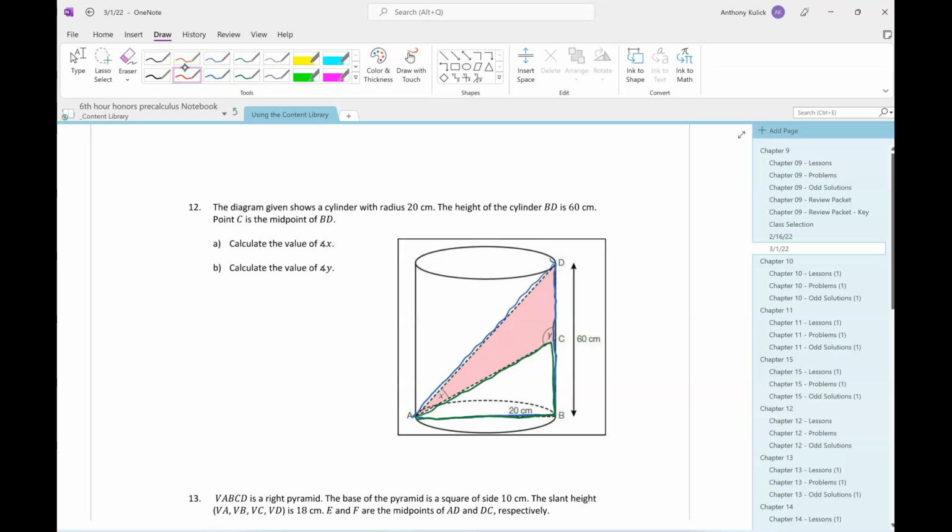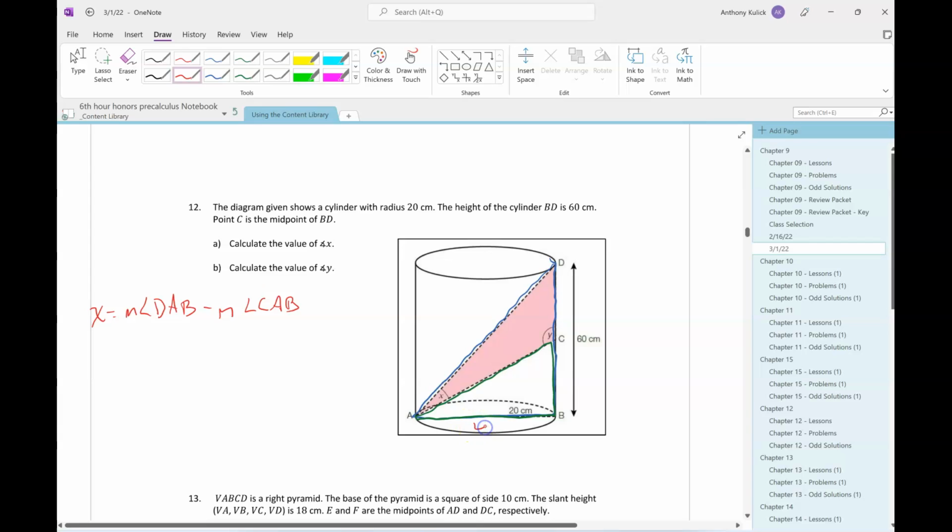And what I notice here is that x is going to equal the difference in angle DAB and angle CAB. You cool with that? I like doing it that way because both those two triangles, the blue one and the green one that I just drew in, were right triangles. So I can just do right triangle trig to figure out those angle measures.